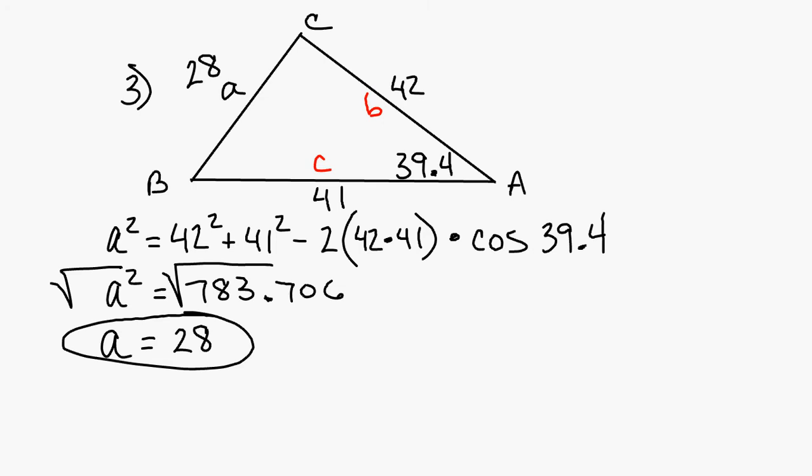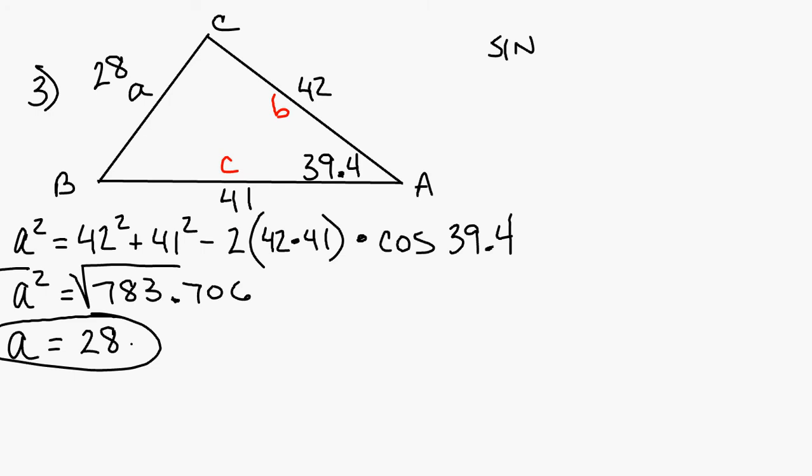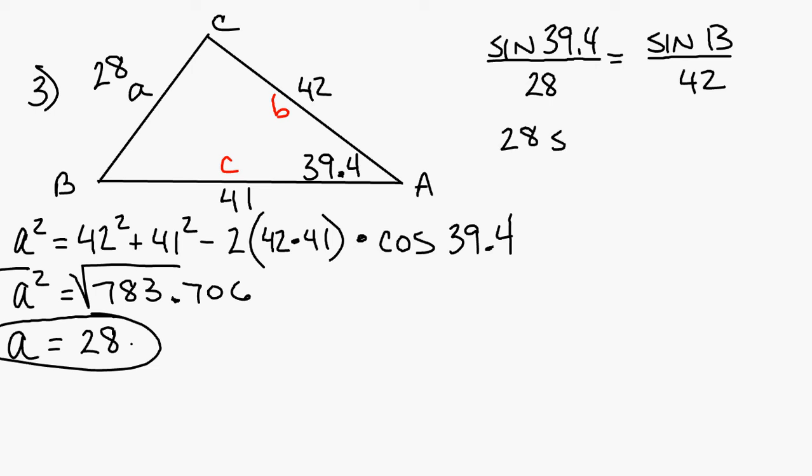You're going to take sine of 39.4 over its opposite side, which is 28, and make it equal to the sine of angle B over its opposite side, which is 42. When you crisscross multiply, 28 sine of B equals 42 sine 39.4.